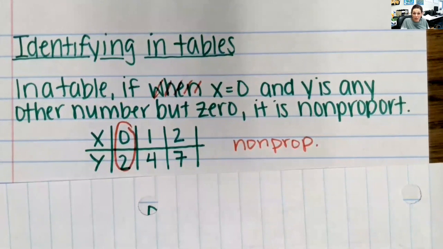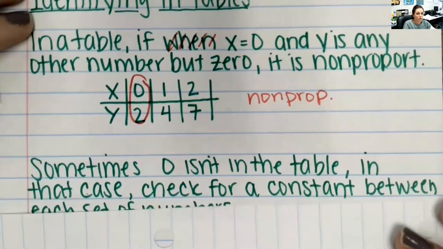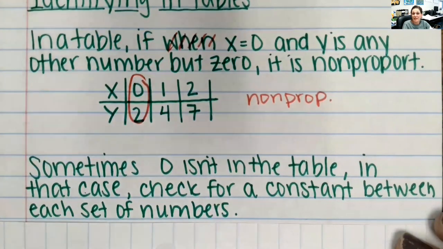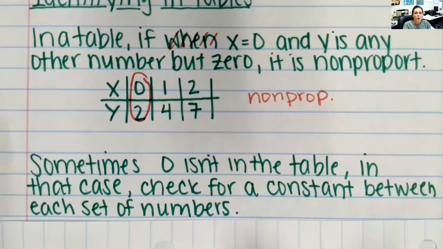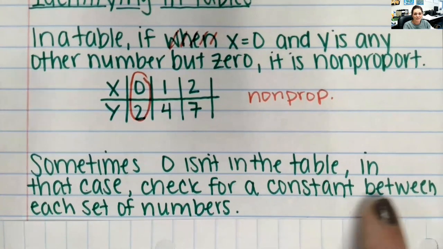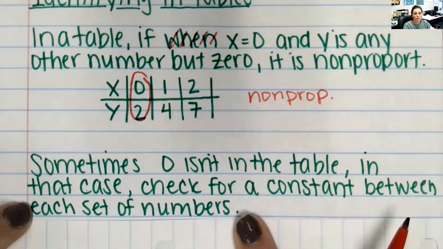Now it does get a little bit harder than that, and I'm going to do a quick visit to it and hope that your brain doesn't completely explode. And we're going to write, sometimes 0 isn't necessarily in the table. In that case, we need to check for a constant between each set of numbers.